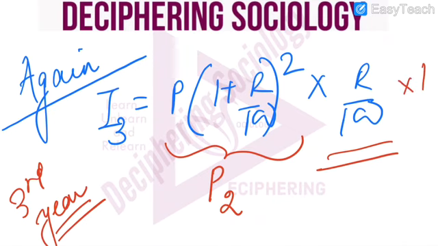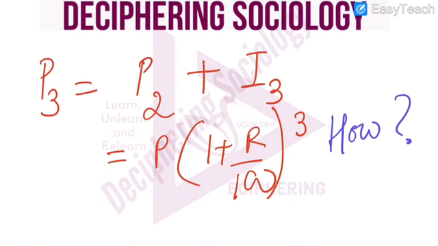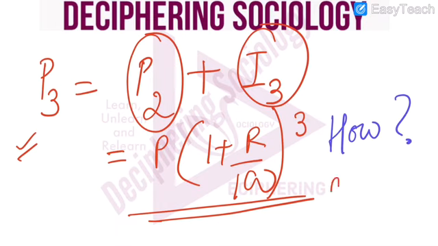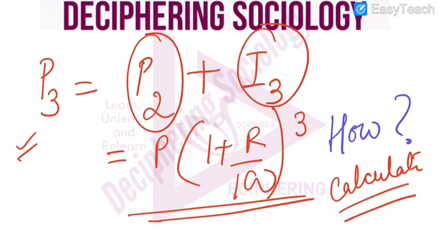This will be for the third year, and again the principal will be the old P plus the interest. It will be P into 1 plus R by 100 whole cube. Now you will have to calculate this. Let's see if you can calculate this or not.